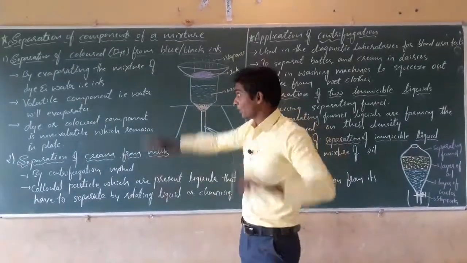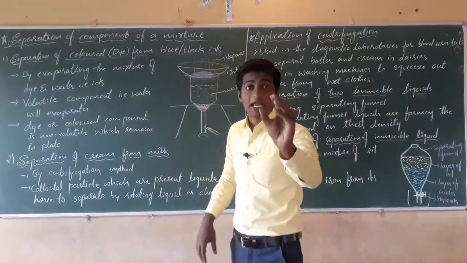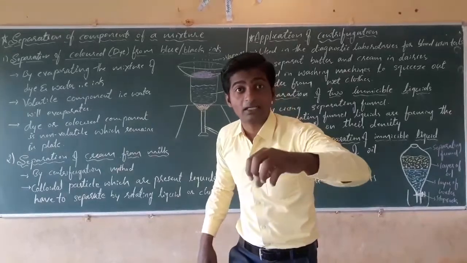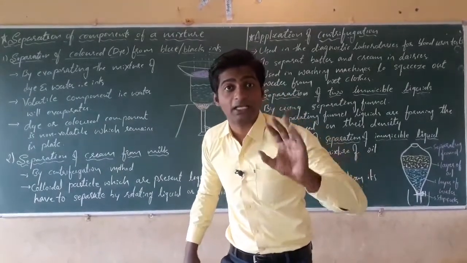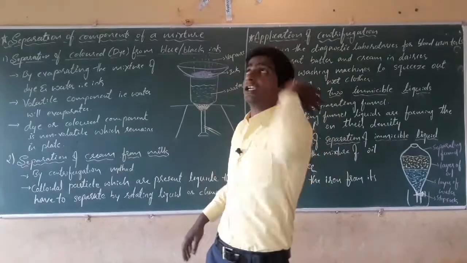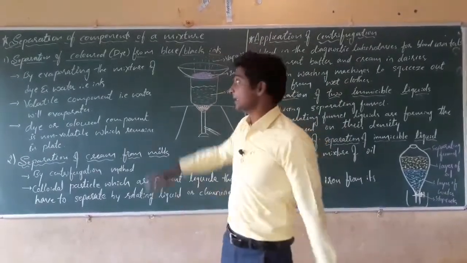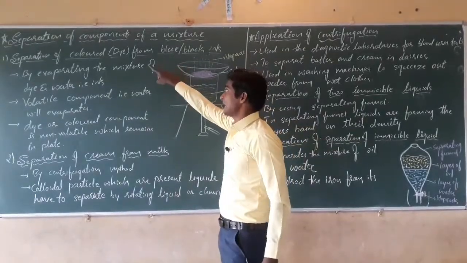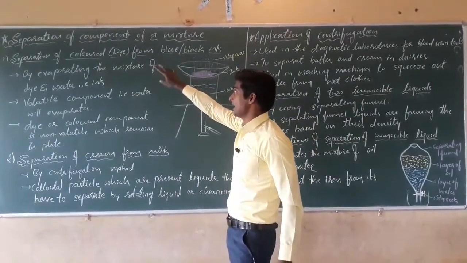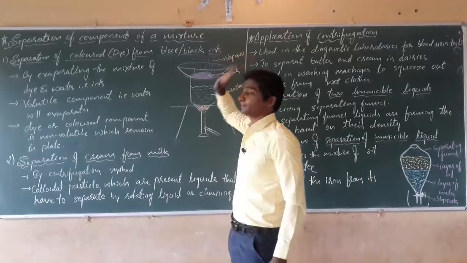The black or blue dyes are colored substances present in the ink. They are non-volatile and will not evaporate. Only water will evaporate from the ink. That is the separation of the dyes from the blue or black ink.